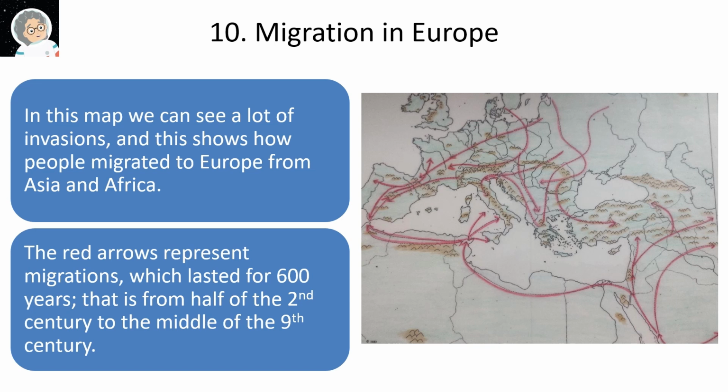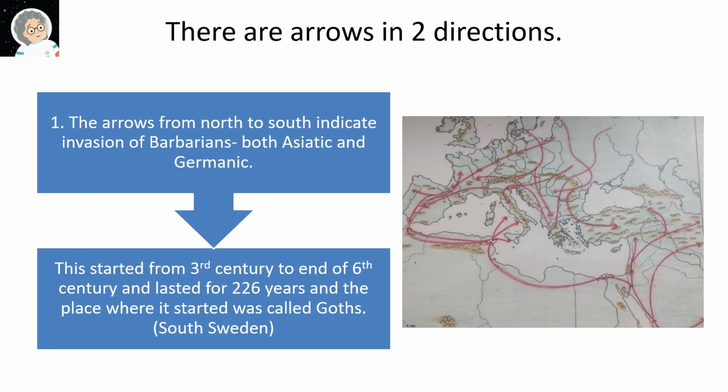10. Migration in Europe. In this map, we can see a lot of invasions, and this shows how people migrated to Europe from Asia and Africa. The red arrows represent migrations which lasted for 600 years, from the middle of the 2nd century to the middle of the 9th century. You can see that there are arrows in two directions.